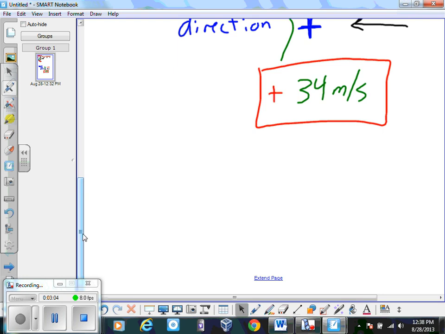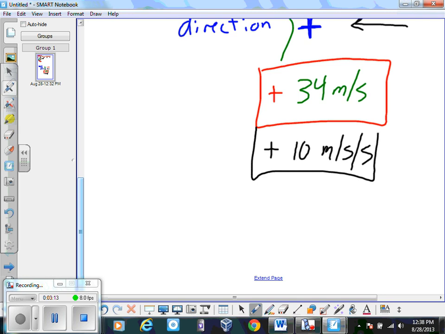So if I said then I have a positive acceleration of 10 meters per second every second, that would mean after 1 second of doing this, I would be going how fast?